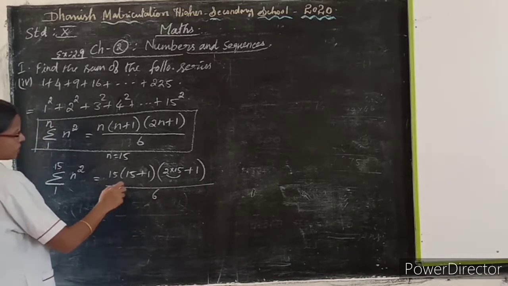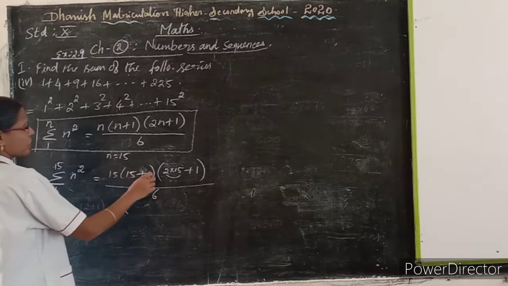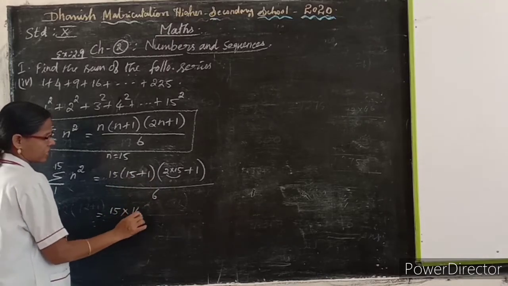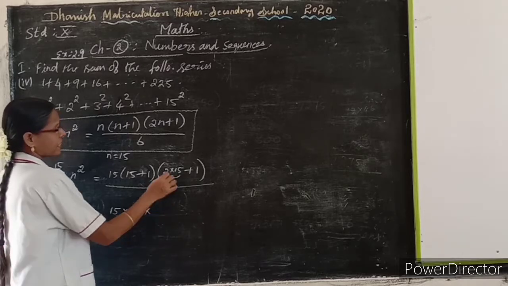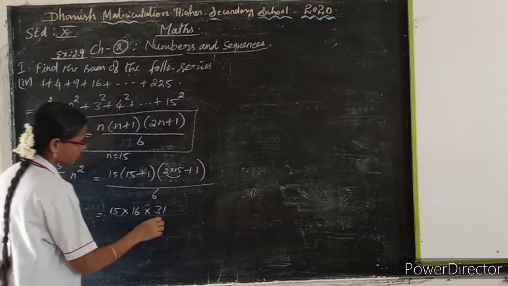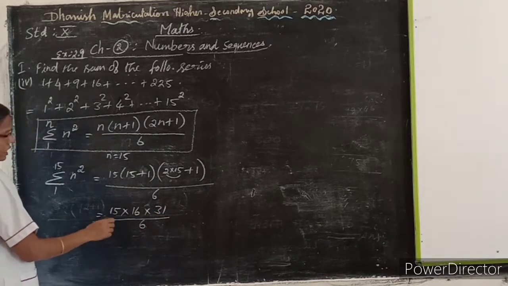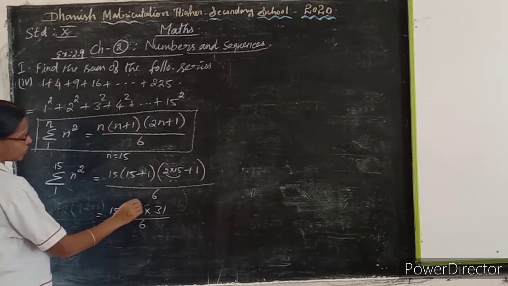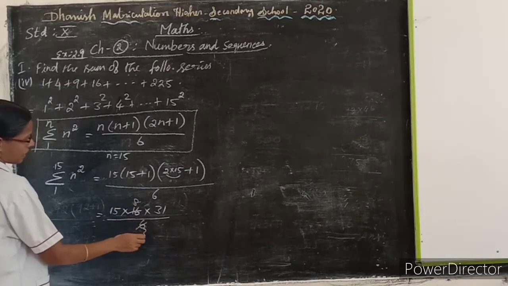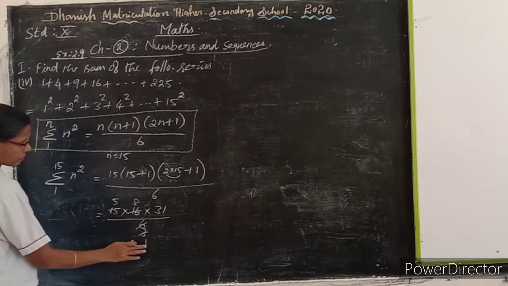Now simplify brackets. 15 plus 1 is 16. In this bracket, 2 15s are 30, 30 plus 1 is 31, whole divided by 6. Cancel by 2 table, 2 8s are 16, 2 3s are 6. By 3 table now, 3 1s are 3, 3 5s are 15.